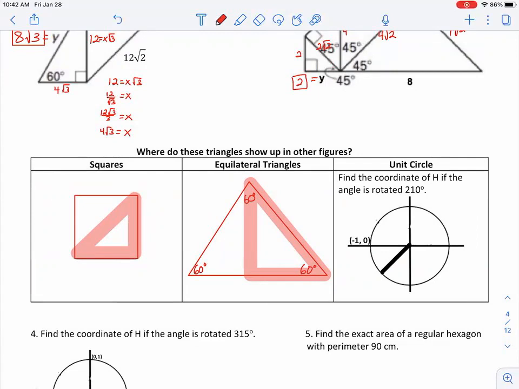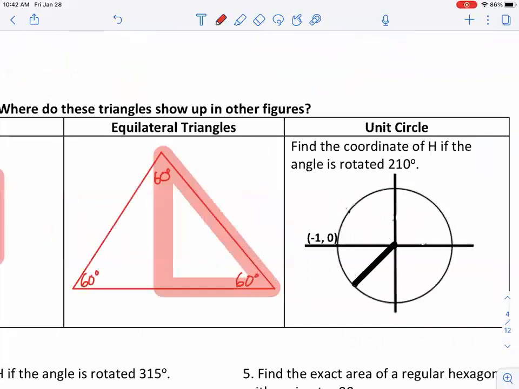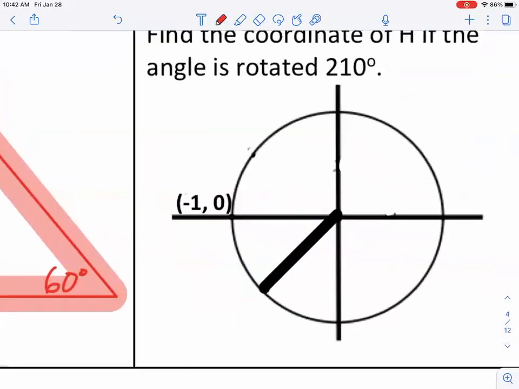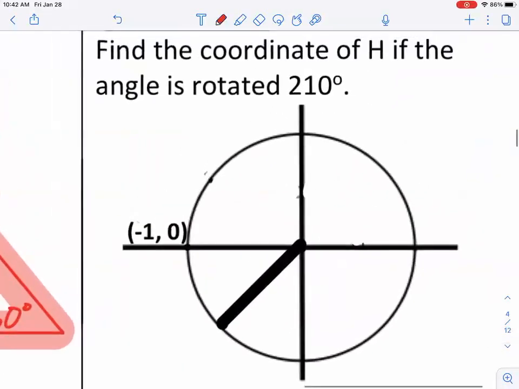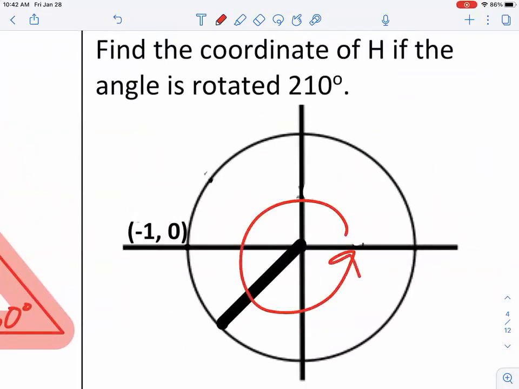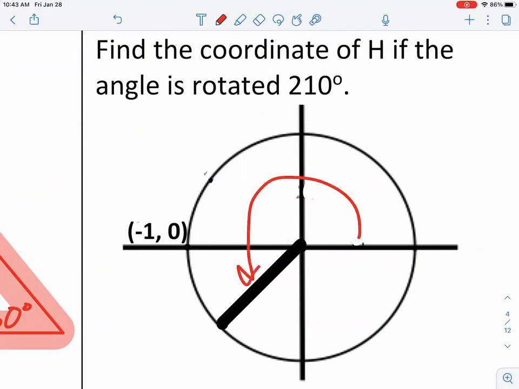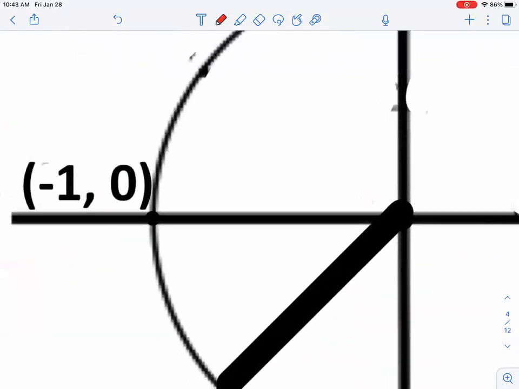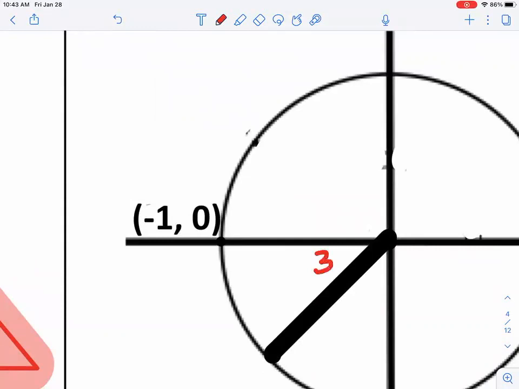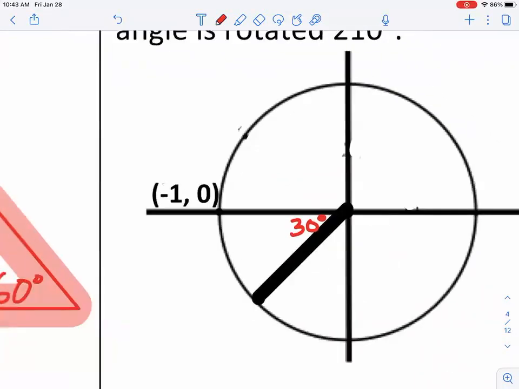And so in the big picture of things, we'll then apply this to what's called the unit circle. Now, unit meaning 1. So the unit circle has a radius of 1. Well, I know that a circle has 360 degrees. That means that half a circle is 180 degrees. So if this is 210 degrees, that means that this little guy right here has to be 30.